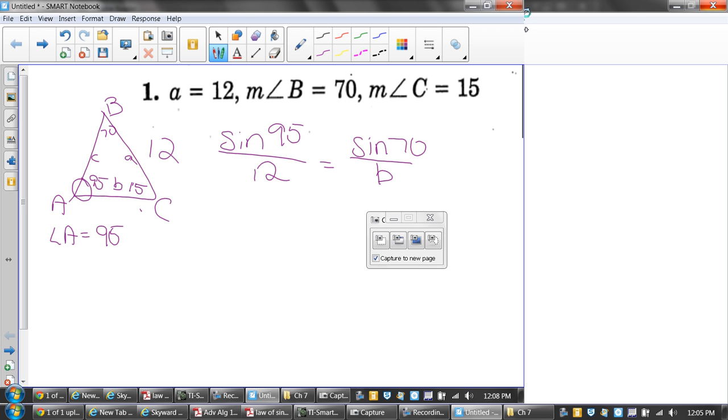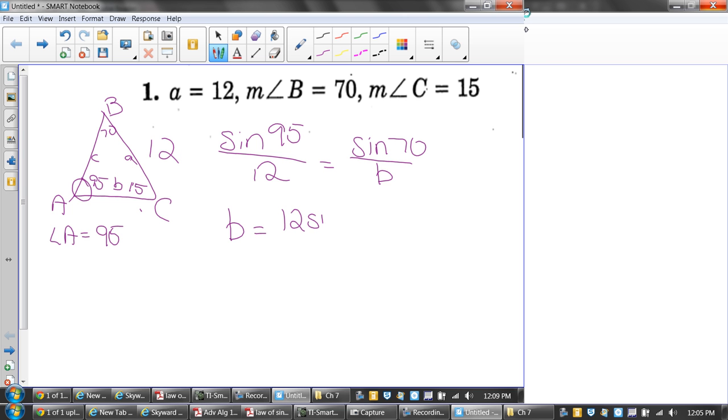Now, we have to cross multiply, right? Yes. So what would b equal? 12 times sine of 70, divided by sine of 95. And then we just plug that in our calculator, right? Yep.